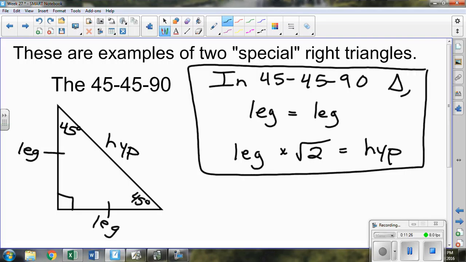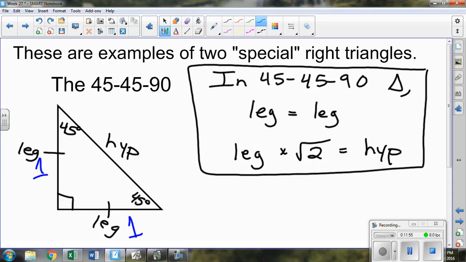The square root of 2 is approximately 1.414. But it's not a perfect, smooth, even number. It's not a fraction or anything. Its radical form is just the square root of 2. Now, where this piece comes from, let's just make up a number. Let's say that my leg is 1. So that means the other leg is 1.